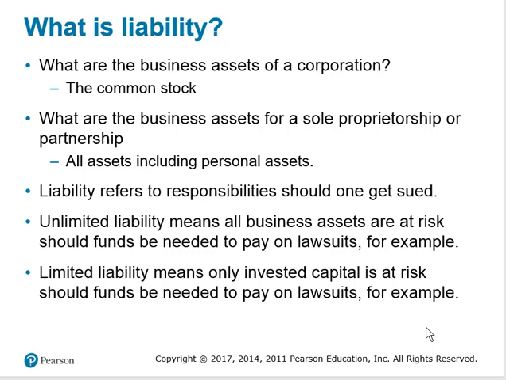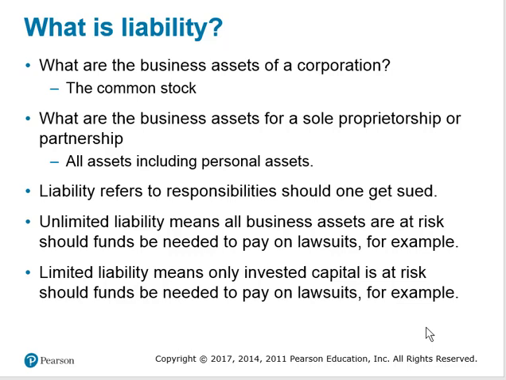So we have two concepts here, or two categories, if you will. Unlimited liability means that all the business assets are at risk should funds be needed to pay on lawsuits, for example.